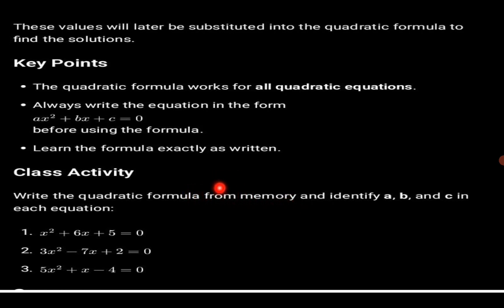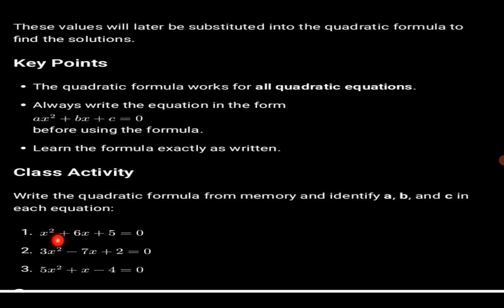Write the formula x is equal to minus b plus or minus root of b squared minus 4ac, all divided by 2a. Can you write that equation now on your paper, in your book? From memory, you have to remember the formula. And you go on to write the values of a, b, and c in each of these equations.